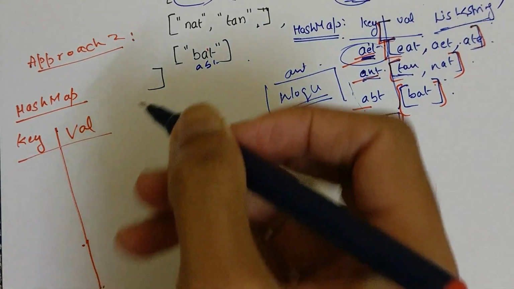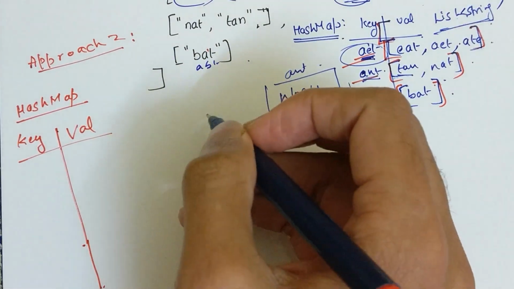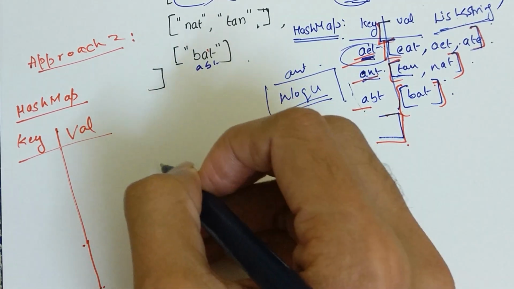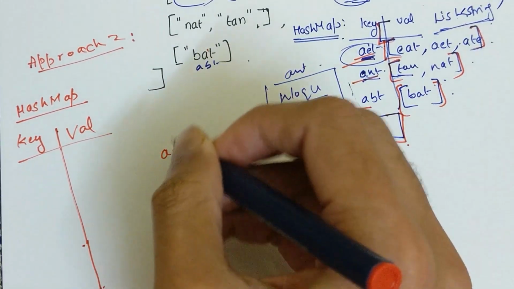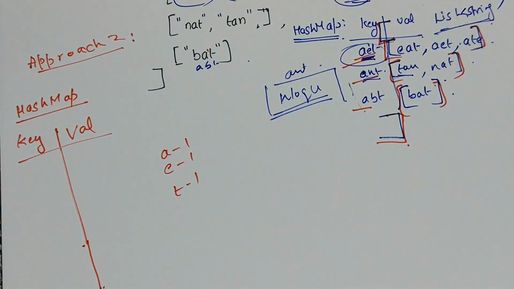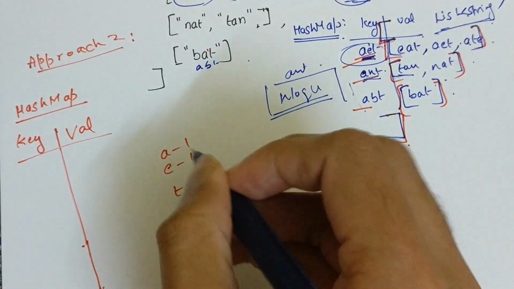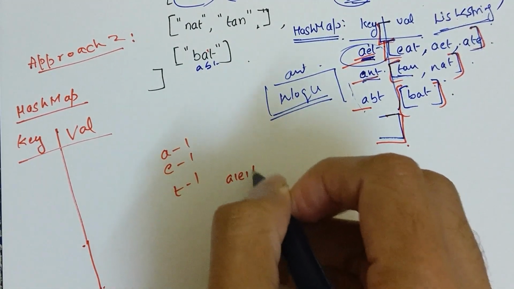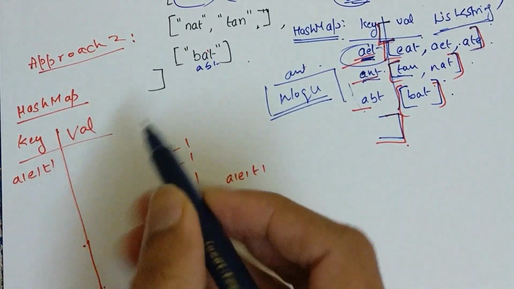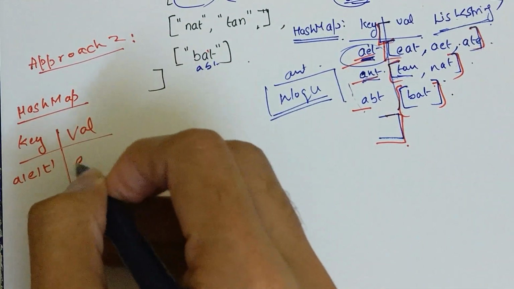So for every word I'll have a frequency map. When I go to EAT, I would get A as 1, E as 1, and T as 1. So I'll construct this string, A1, E1, T1. A1, E1, T1 is the key, and the value is EAT.